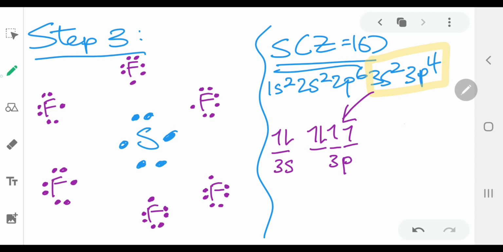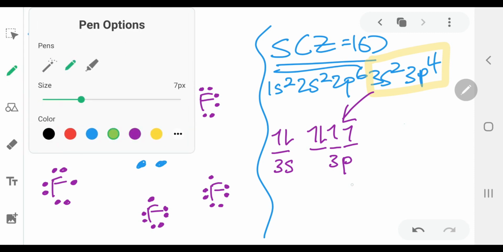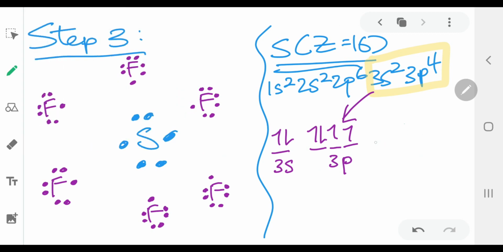When you look at this orbital diagram, you might say to yourself, oh, it has 2 unpaired electrons, and how can it form 6? The reason is, like what we have talked about just now, it has d orbital characteristic: 1, 2, 3, 4, 5.